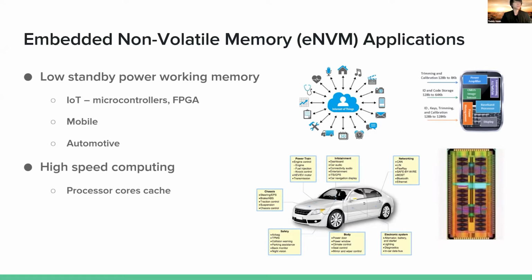The same stands for the increasing amount of smart cars, sensors and electronic systems in your automotive. But while ENVMs themselves aren't used as much for high-speed computing in terms of caches, embedded memory in general is used for, as I've said before, those small, fast, but expensive memories.